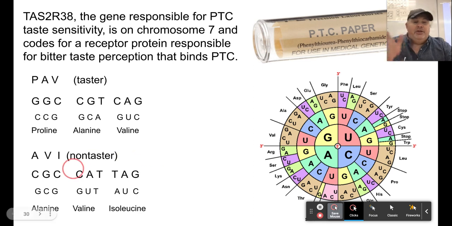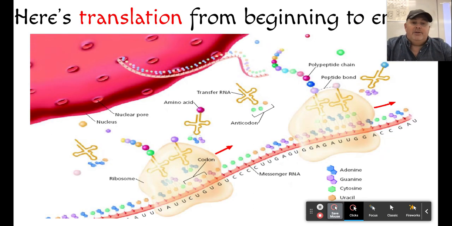On the non-taster, at least the first sequence, here we have a CGC. Well, a messenger RNA would code for GCG. Well, that codes for an entirely different amino acid. So this is a mutation that is prevalent here, that either you can taste or you can't taste, based upon the sequence of amino acids.